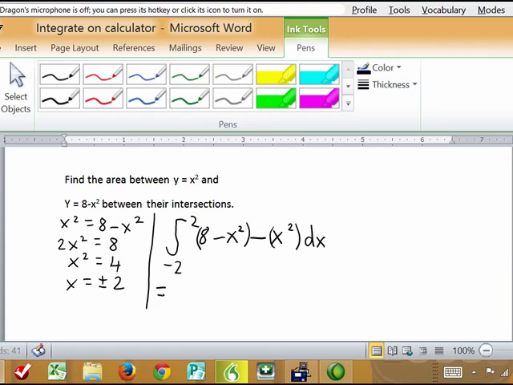If we simplify before we do the integral, we want the integral from negative 2 to 2 of 8 minus 2x squared dx. And so that's the integral we want to find.